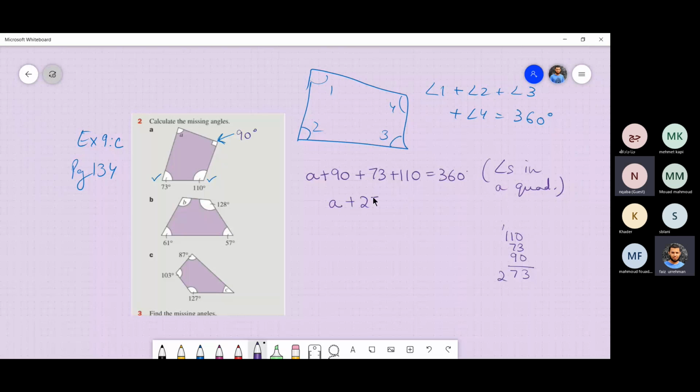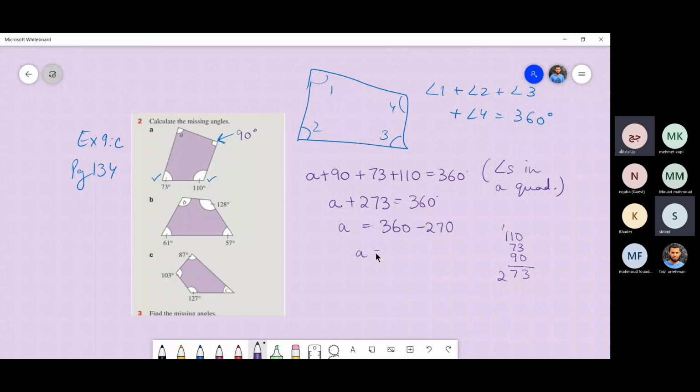A plus 273 should give me 360, correct? And then how can I find A? Subtract 273 from both sides. 360 minus 273. So how much will I get? 87. Sure? Yes, correct, 100%. So A is 87.